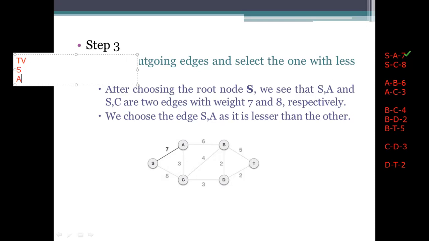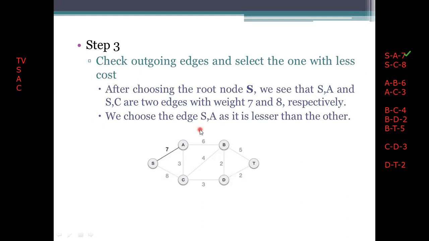The selected one is A here. Now we reached A, and the edge we need to take is the one having the low cost. From A to C, there is an edge with the low cost, that is 3. So the next node would be C here.